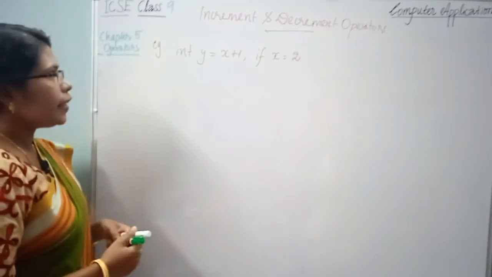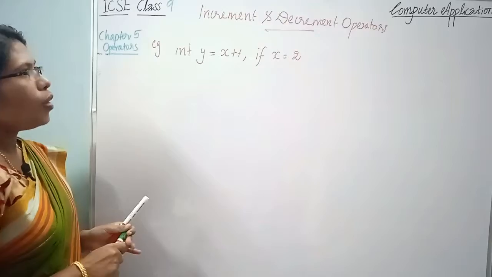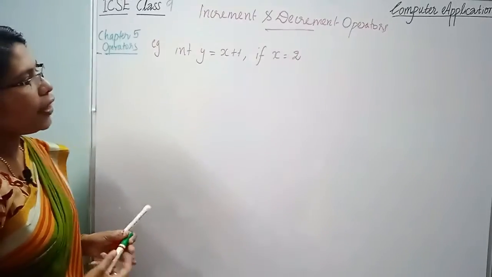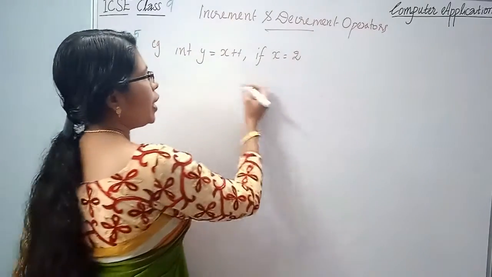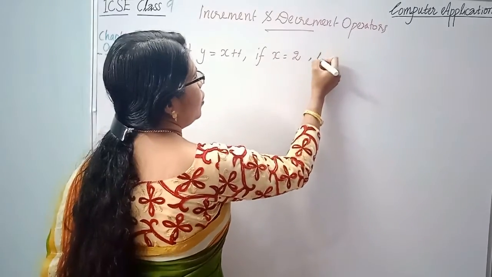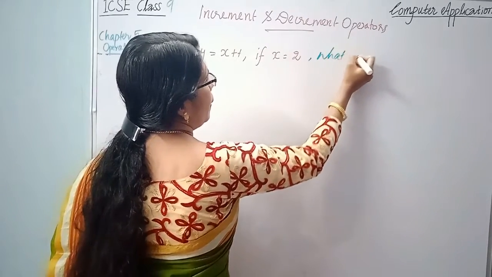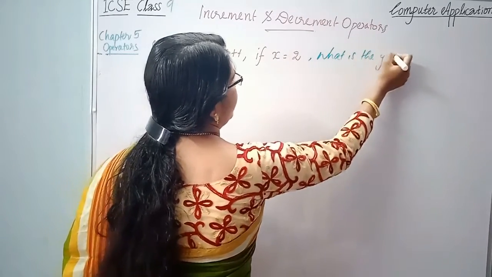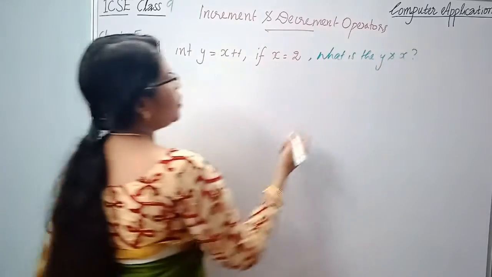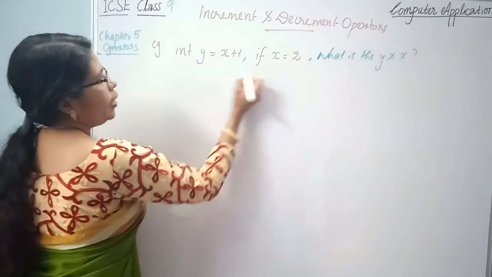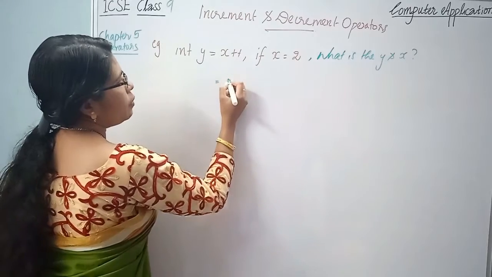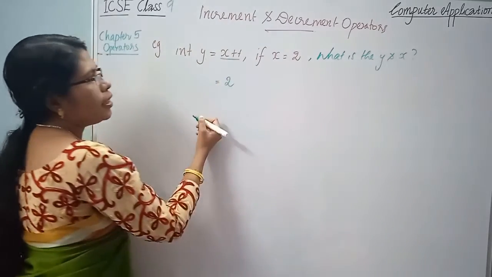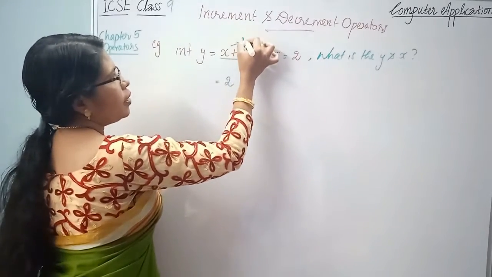Let's see some examples here. Int y equal to x plus plus. If x equal to 2, what is the value of y and x? What is the value of y? Okay, so here y equal to x plus plus. X plus plus is a post increment.